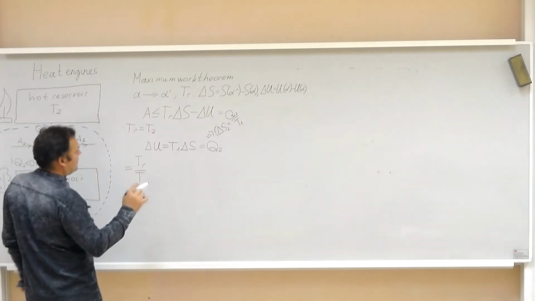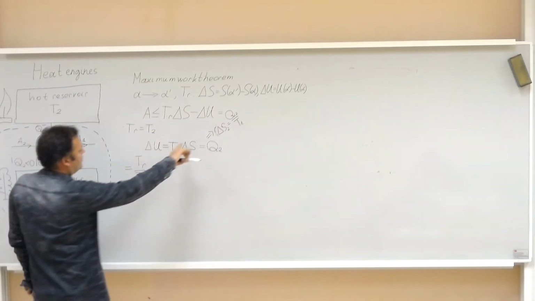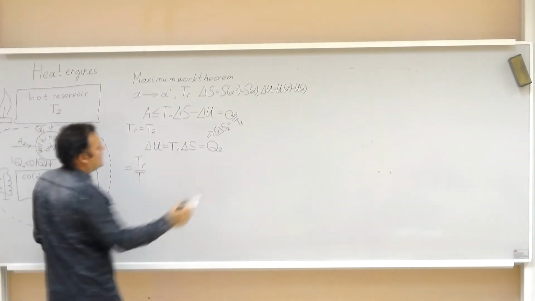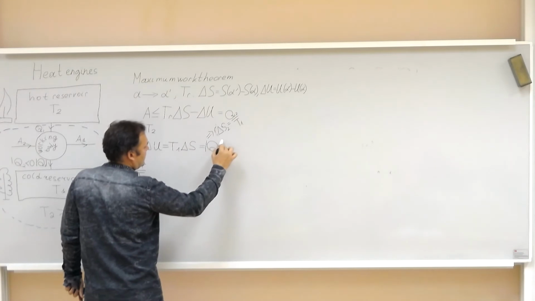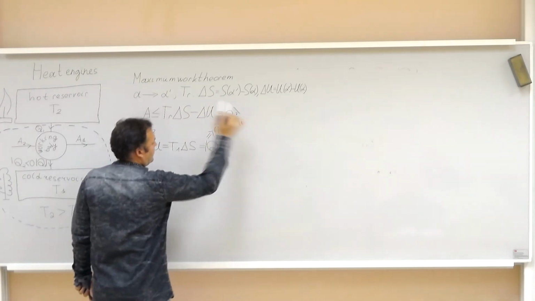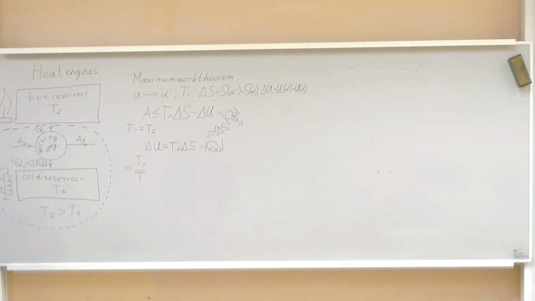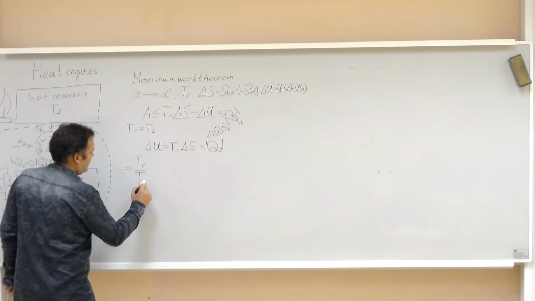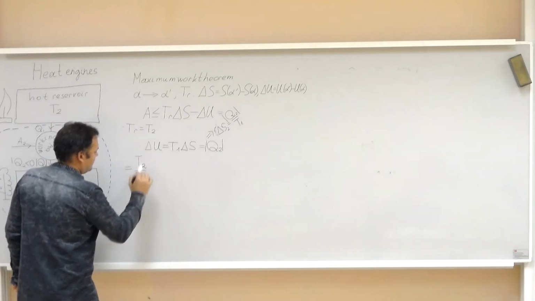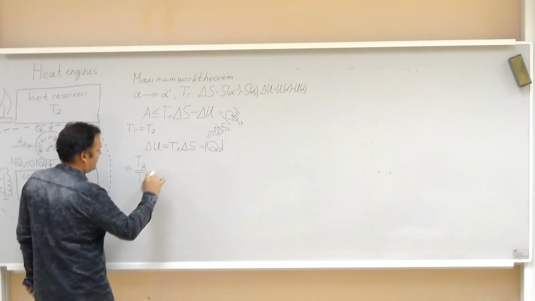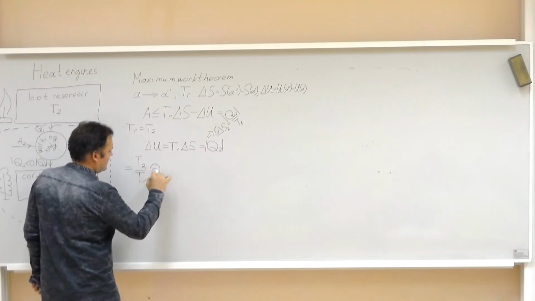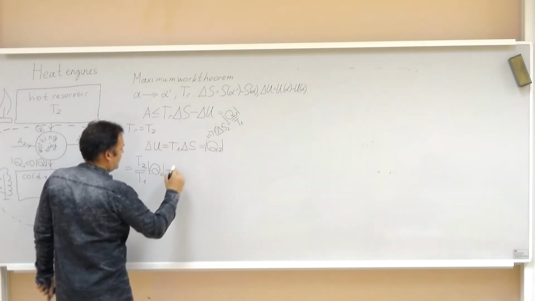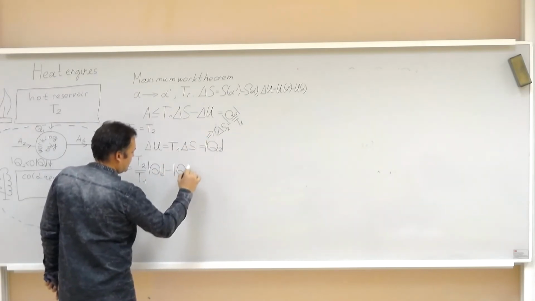Q2, and here I have to put the absolute value, because the internal energy increases. And here I will have T2 divided by T1 minus Q2.